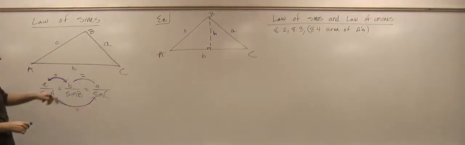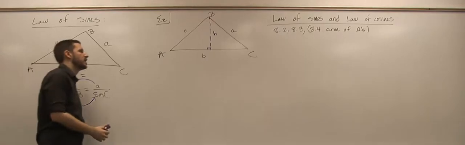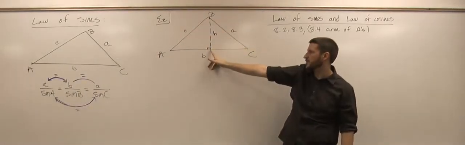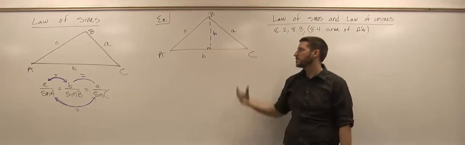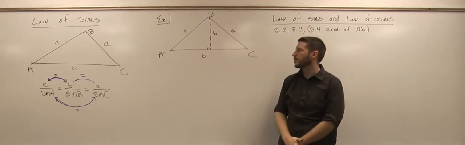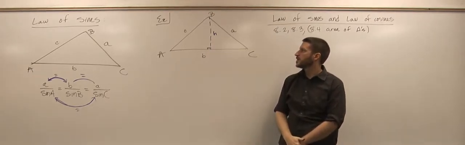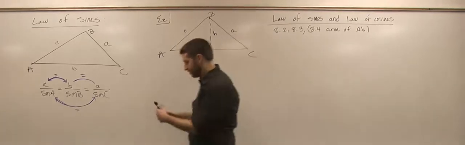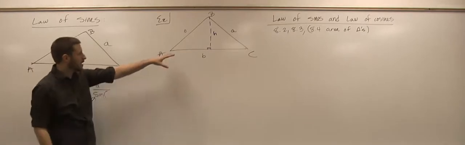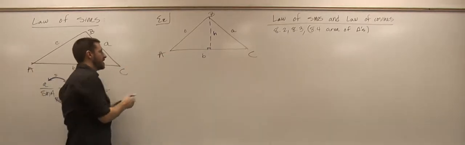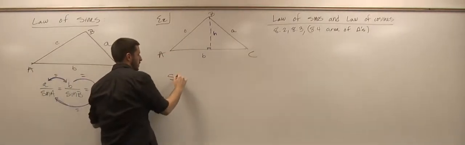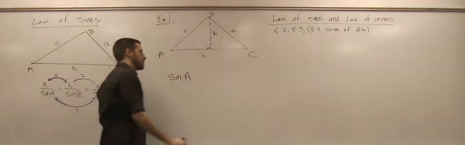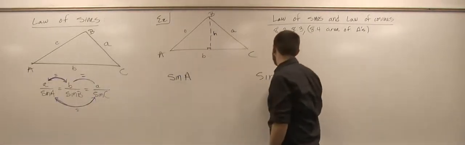So what I'm going to do is come up with part of this equation using previous trig knowledge about right triangles. As soon as I drop this altitude, I can start doing my normal right triangle trig. So for example, I can talk about what sine of A has to equal, and I can also talk about what sine of C has to equal.